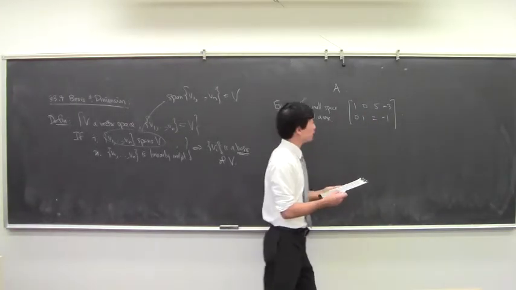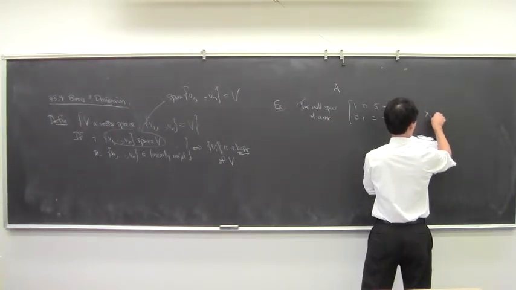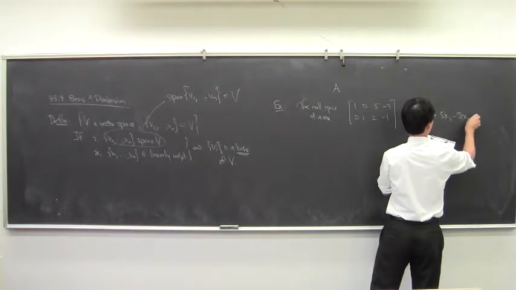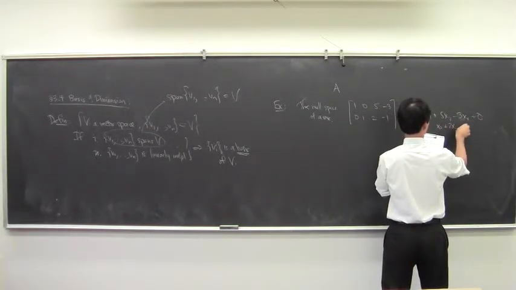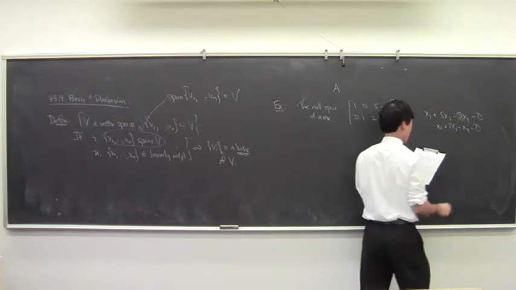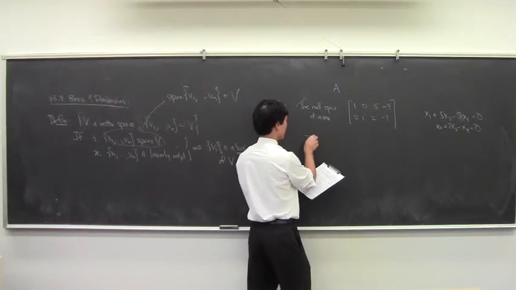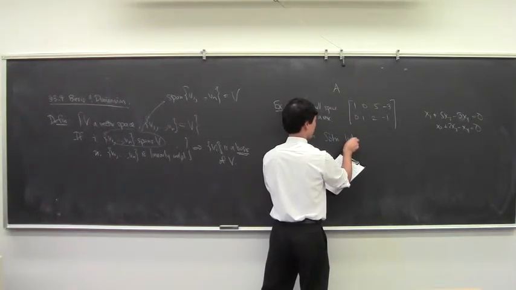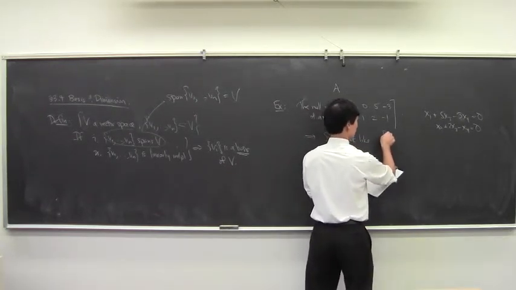Okay. And then you'd say, well, x1 plus 5x3 minus 3x4 is equal to 0. x2 plus 2x3 minus x4 is equal to 0. Right? And we've done this thing many times. Solutions look like something like this, right?